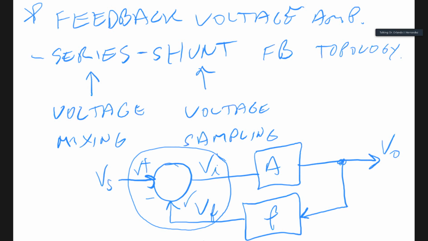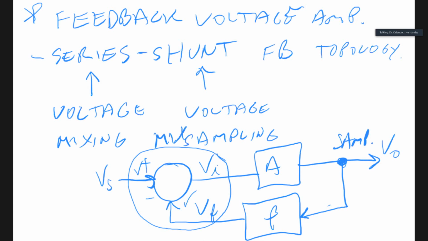The sampling is on the other end. Here, we are sampling the output and inputting that quantity into the beta network to produce the feedback signal. So this is the sampling, and this is the mixing. Now, this is a general diagram.